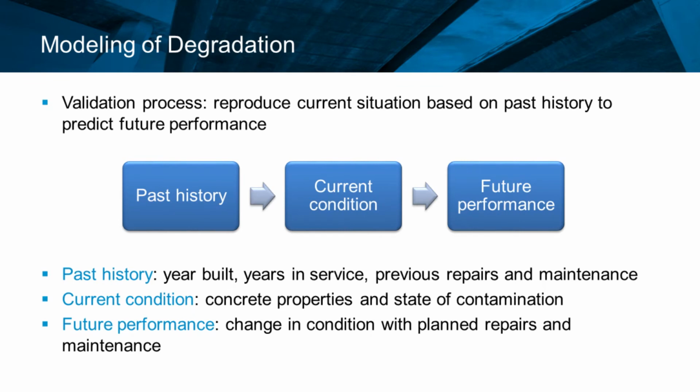But if we go further and we have the concrete properties, for example the resistance to chloride ingress, then we can use the past history, considering the age of the structure, when it's been paved, if it's covered with asphalt, all that's been done in the past, to recreate the actual chloride profile. And this gives us the exposure conditions.